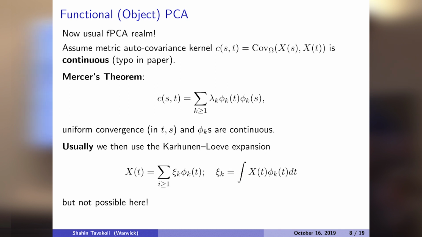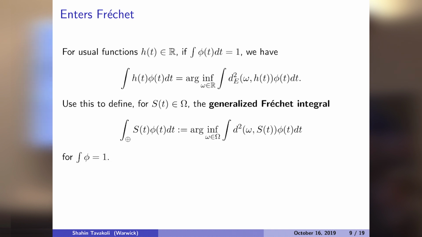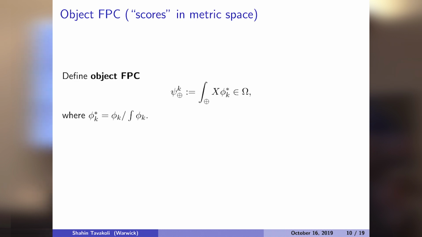Usually you compute the scores by taking integrals of your function x with the eigenfunctions. You cannot do that here. So the authors have a couple of ways of getting around this. They define something called object FPCs, which are like the scores, but now they are in the metric space.